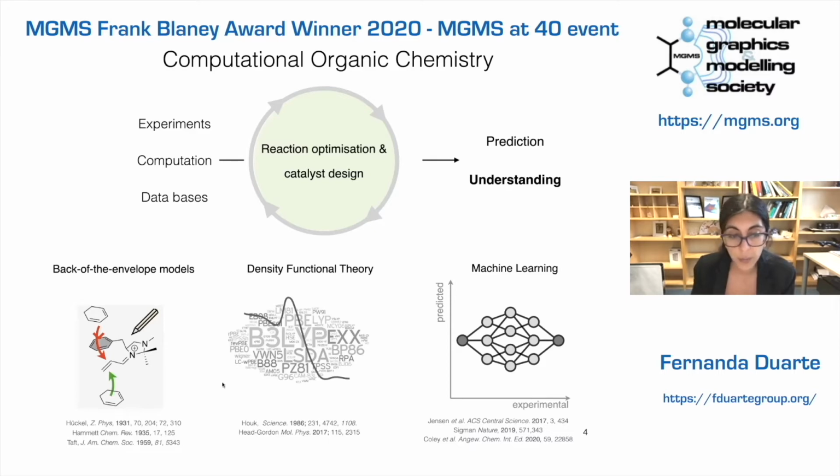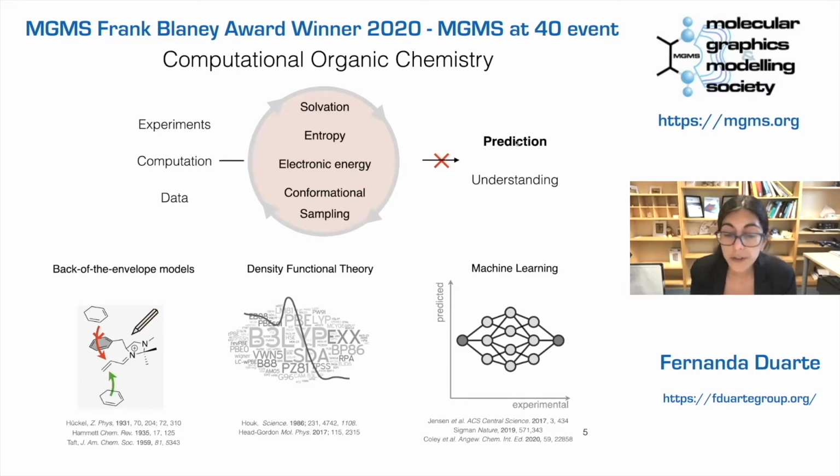So in the group, we tend to use a combination of them, and we have different expertises alongside, because even though we promise that we can predict and provide understanding, while understanding is very well covered, predictions are very, very challenging. And the reason for that is because many of the simple processes that we see in solution are very challenging.